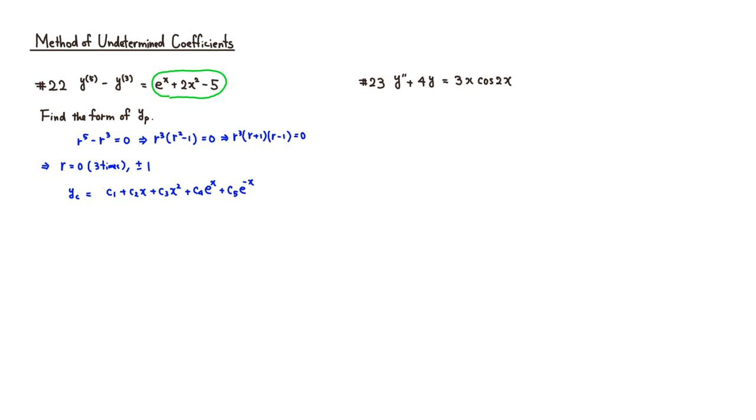So the initial guess for a particular solution would be y sub p is equal to, we would have a constant term. Let's call it a, and then bx plus cx squared, because you have a 2x minus 5, so you will have that.